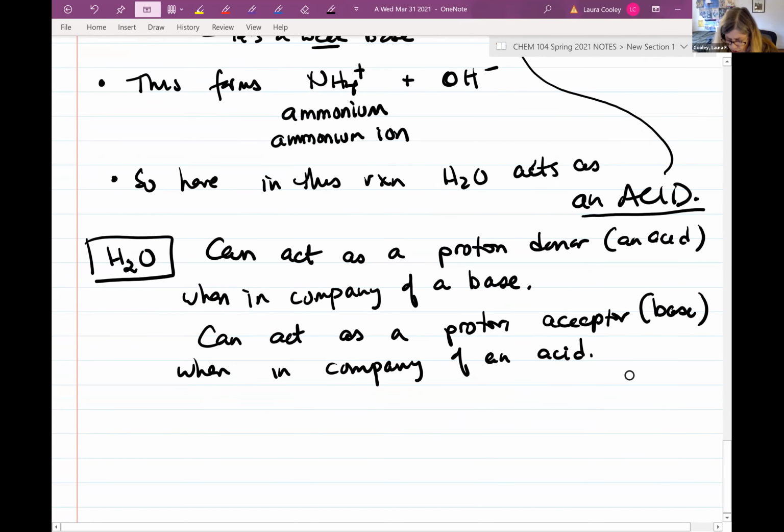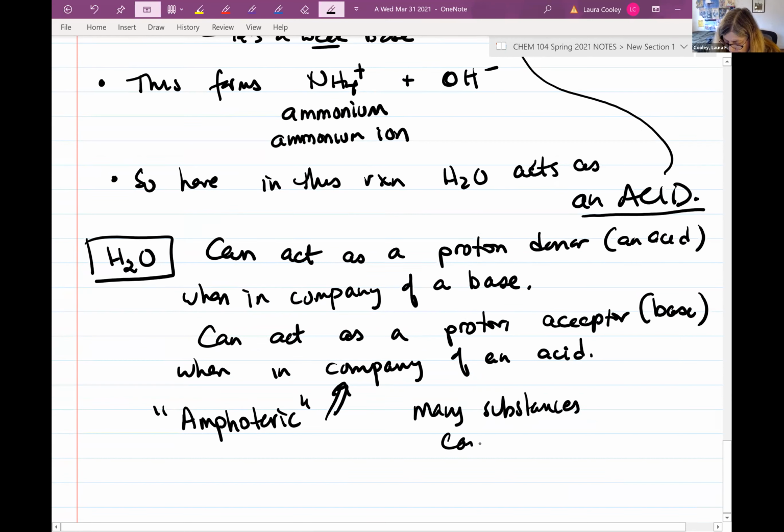Okay, and actually the term for that is amphoteric. And not just water, many substances are like this, which is one reason why there's so much richness in this subject.